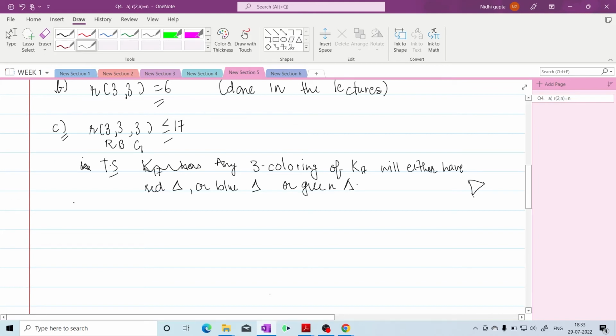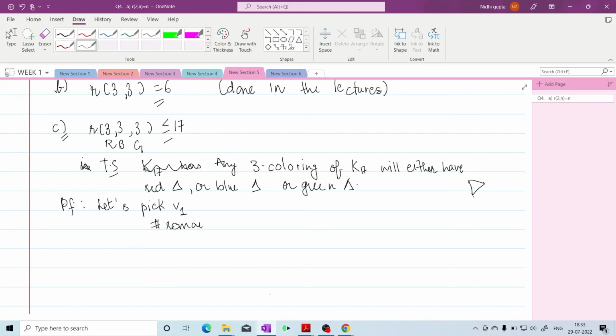Now to show this, let's pick V1, one of the vertices. The number of remaining vertices is 16, and we have 3 colors.